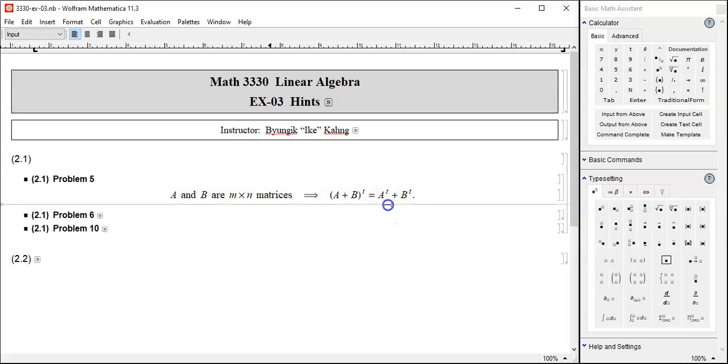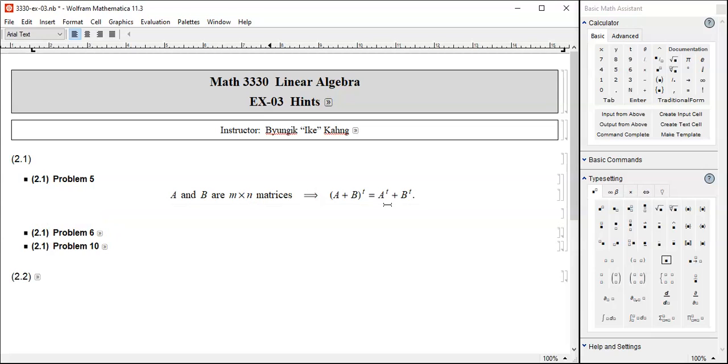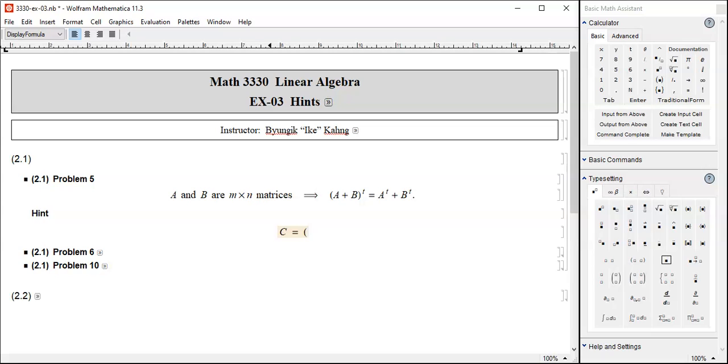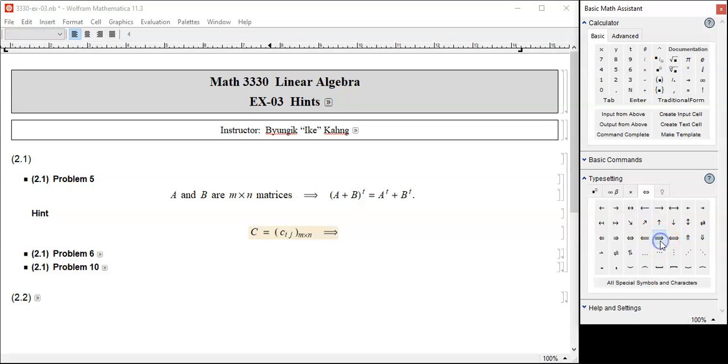All right, let's talk about this. What do you have to know here? First, you have to know what a transpose is. If C is C_ij, an m by n matrix, then what is the transpose?